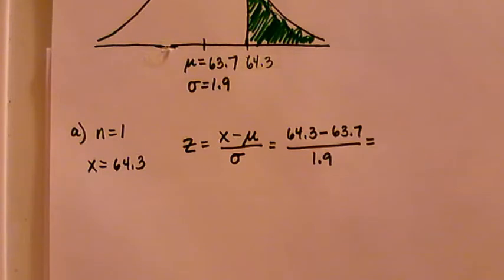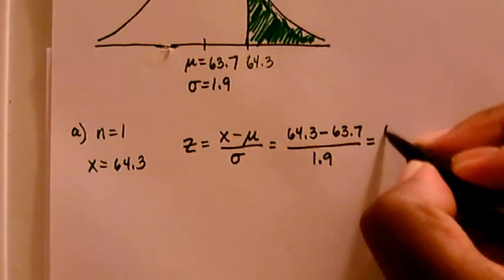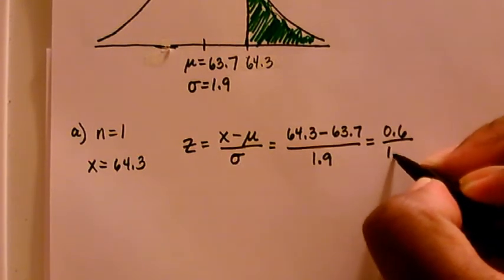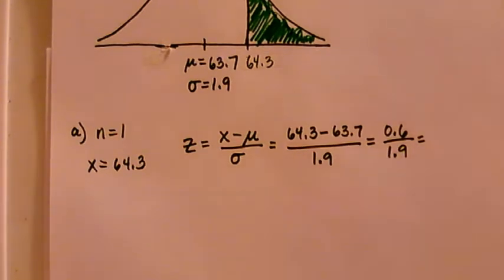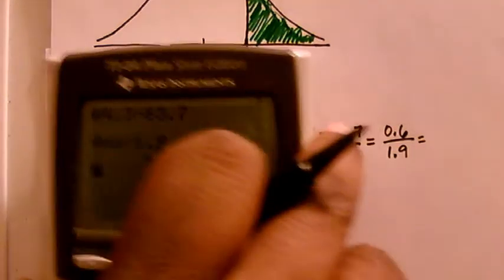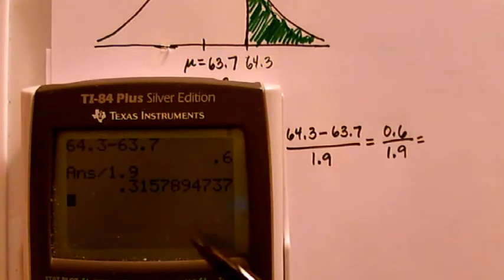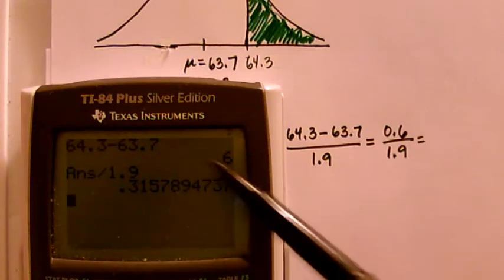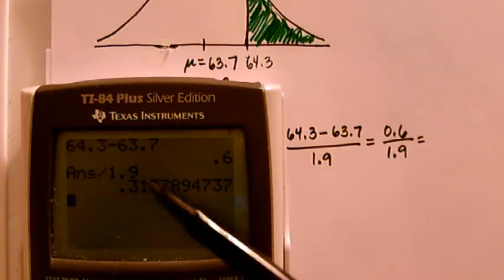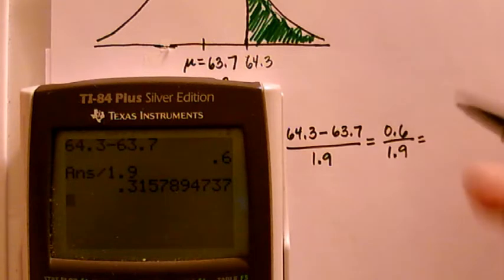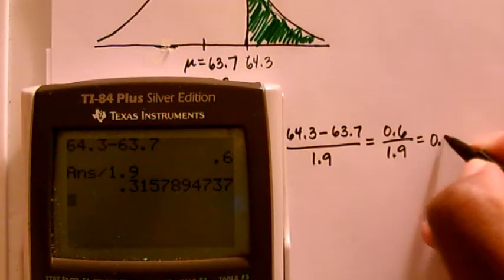And in this case here, 64.3 minus 63.7 will give me 0.6. I'm going to divide that by 1.9. And I'm going to round my z values to 2 decimal places. I first did 64.3 minus 63.7 to get 0.6, and then took that answer and divided that by 1.9. Now the 2 decimal places, that's going to be 0.32.